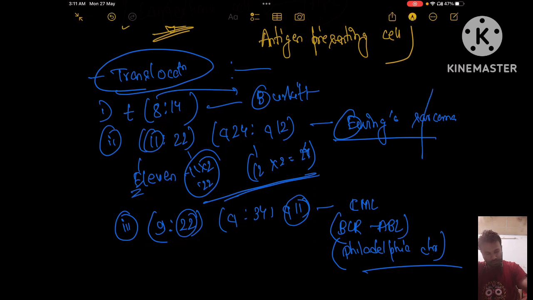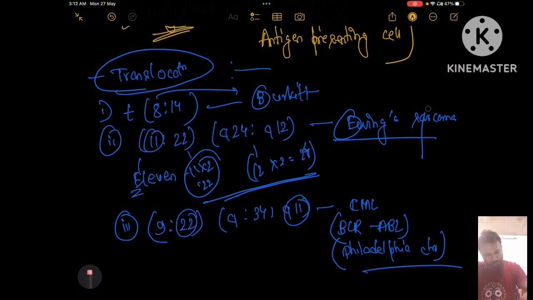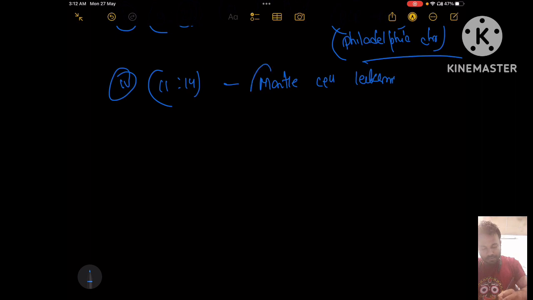Next point is t(11;14) for mantle cell lymphoma. How can you remember it?